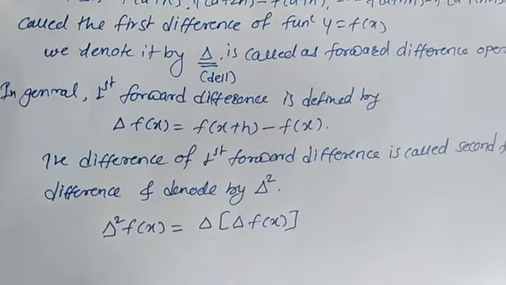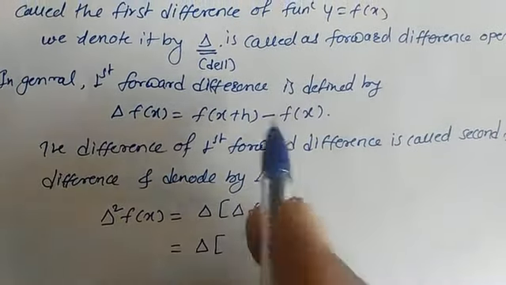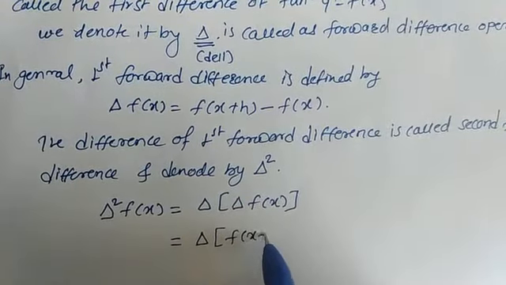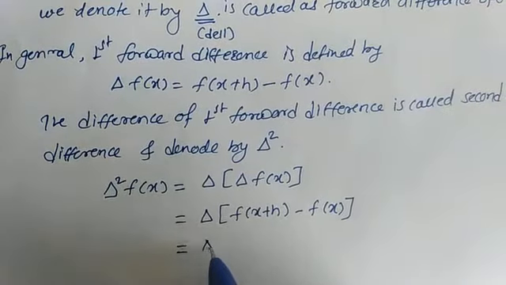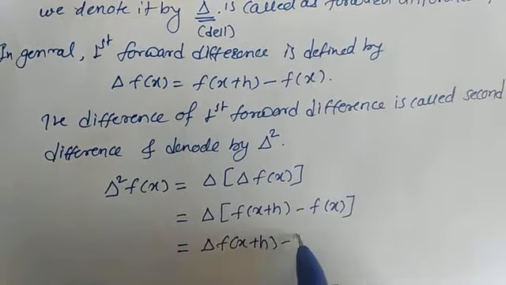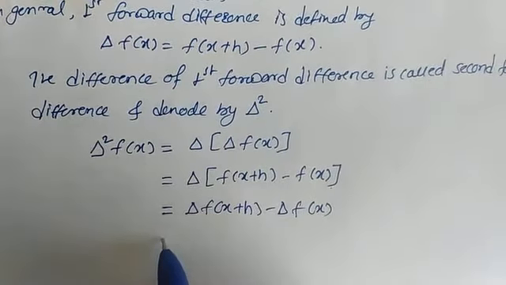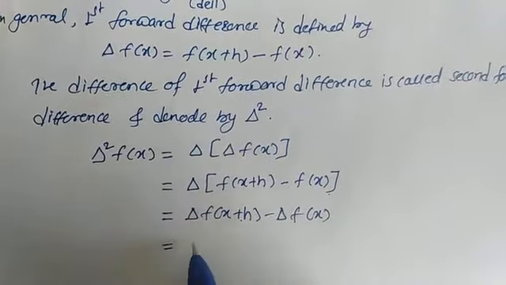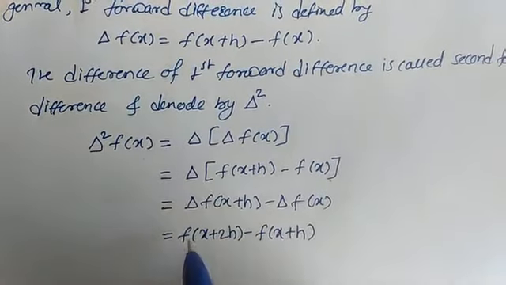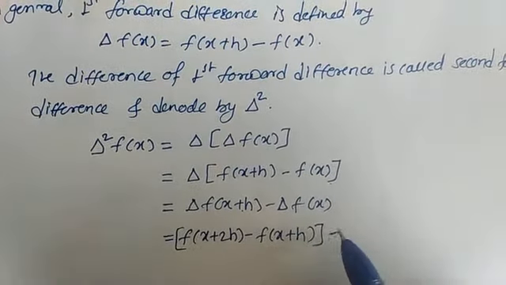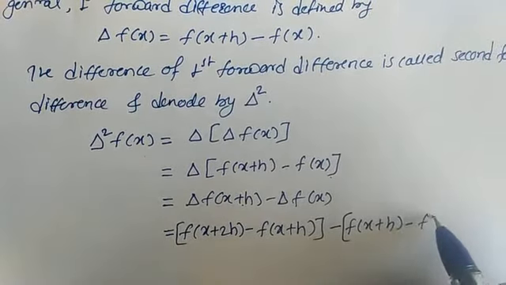It can be written as del of f of x plus h minus del of f of x, since del f of x is f of x plus h minus f of x. We have to operate del on both functions. So del f of x plus h is the difference f of x plus 2h minus f of x plus h, and del f of x is f of x plus h minus f of x.